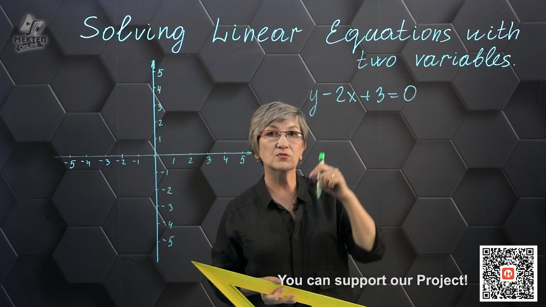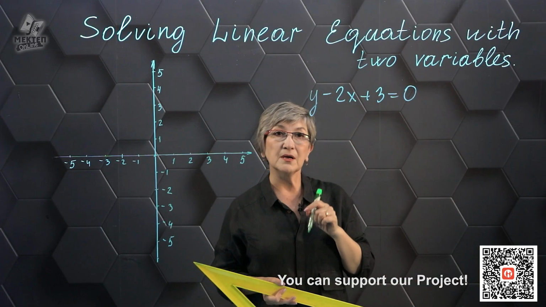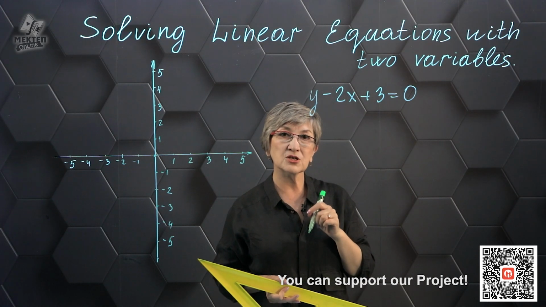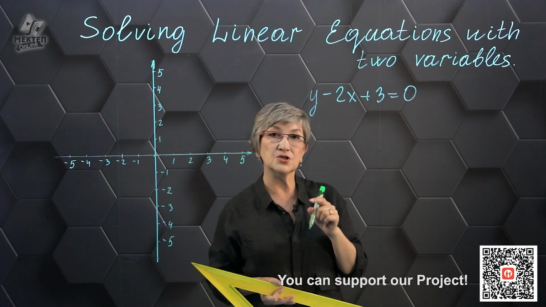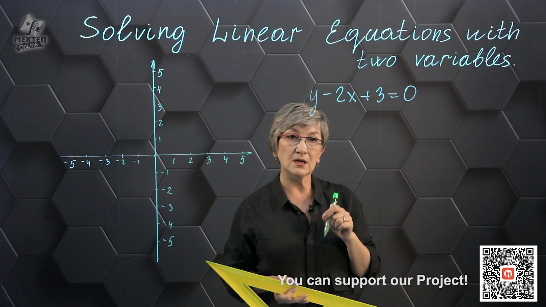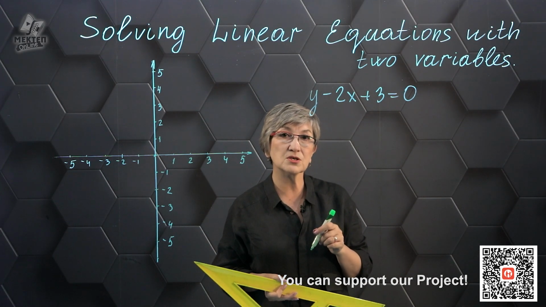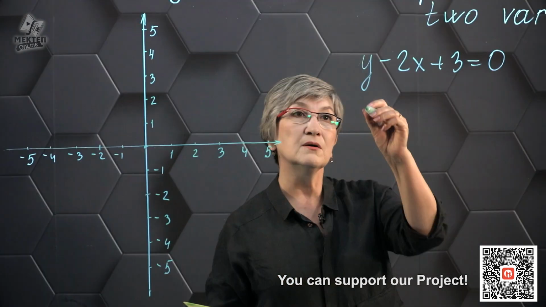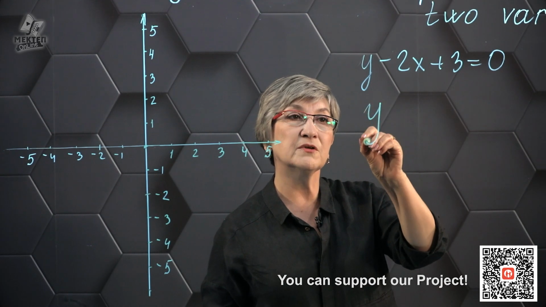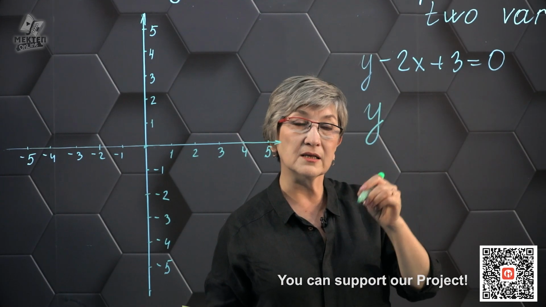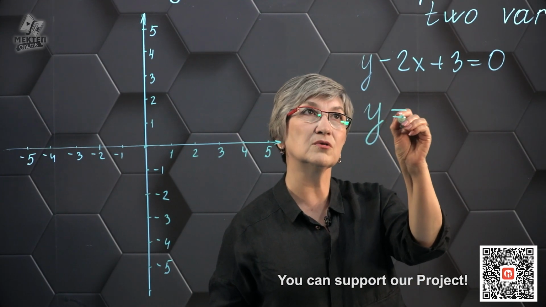In order to solve this equation graphically, it is common in math to express the variable y through the variable x. Although, if you express the variable x, you'll get values too, but the rule is that we express the variable y. To do this, we write y equals.